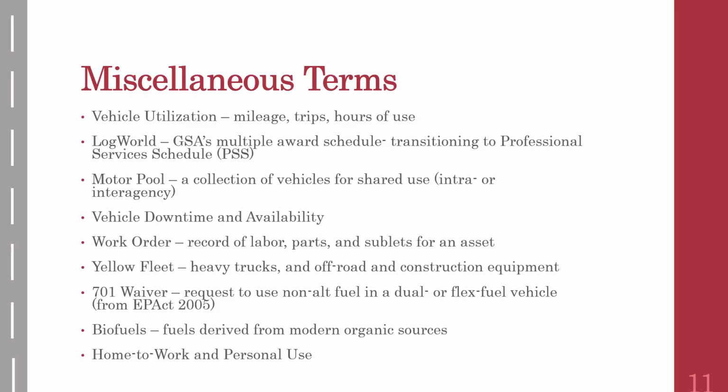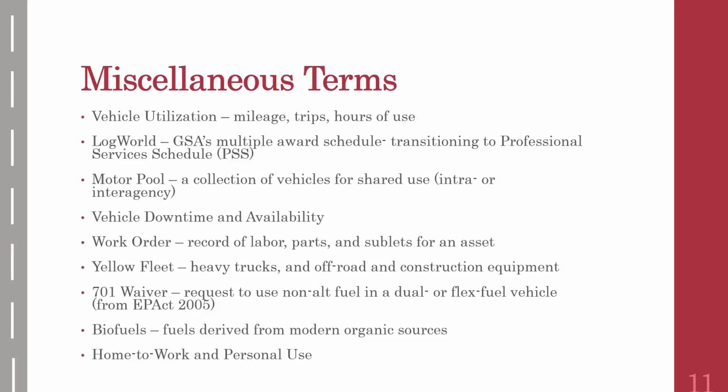We have 701 waiver, which is a request to use non-alternative fuel in a dual or flex fuel vehicle, and more information can be found in EPAct 2005. And then we have biofuels, which you mentioned before, which are predominantly ethanol and biodiesel. And those are fuels derived from modern organic sources.